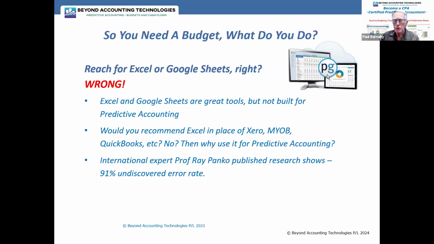And his current research, and you can look it up yourself if you Google him, 91% of published Excel files have got errors in them. And they're not just errors that the author of the spreadsheet found and fixed. They're errors that that author doesn't even know about. Now, how scary is that?